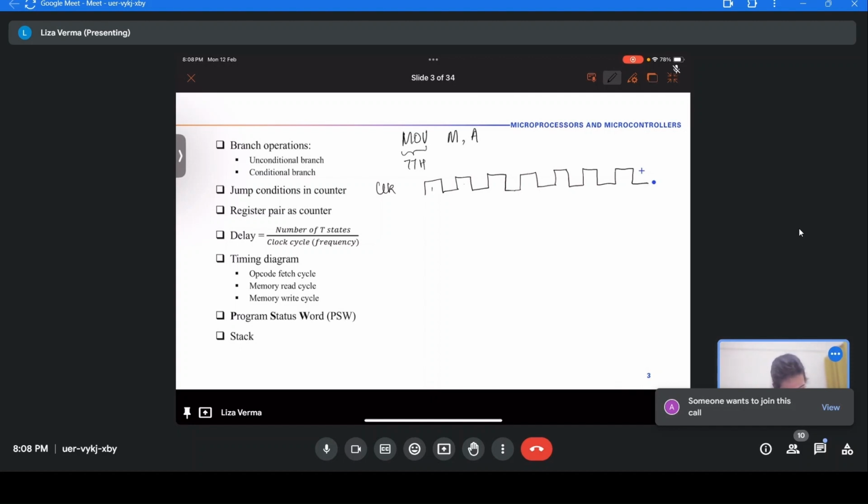So let's draw the clock first. Then we have AD7 to AD0, ALE.